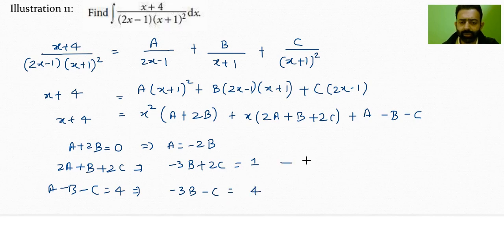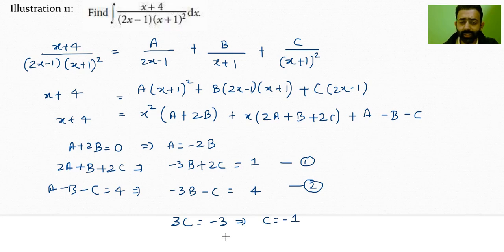Let us say this is equation number 1 and this is equation number 2. Eliminating 3B, subtracting 1 from 2, the 3B gets cancelled out, so 2C minus of minus C is 3C, and 3C is 1 minus 4, which is minus 3. That means the value of C is minus 1.